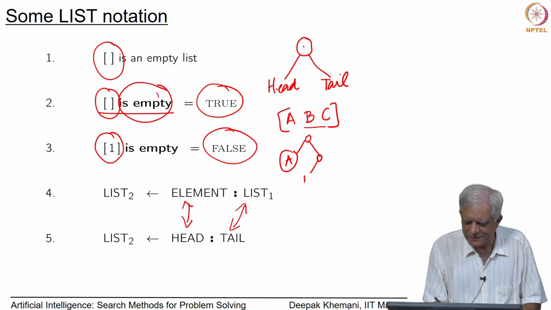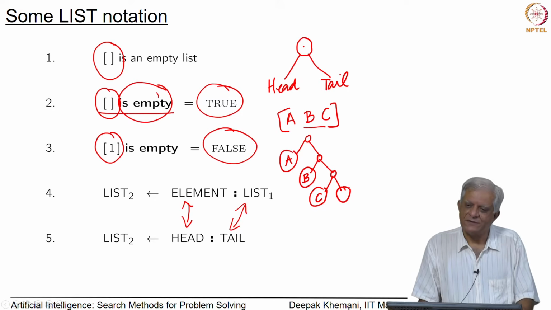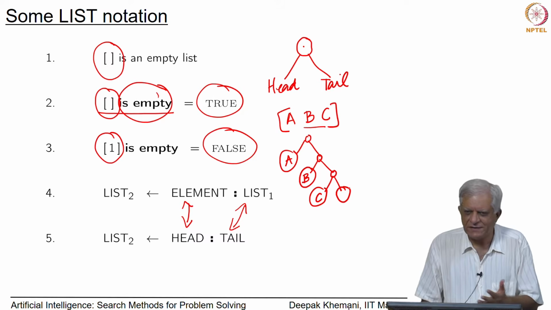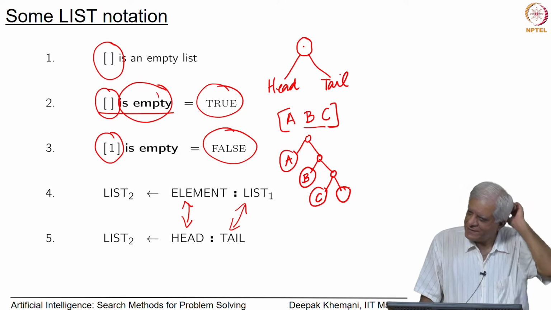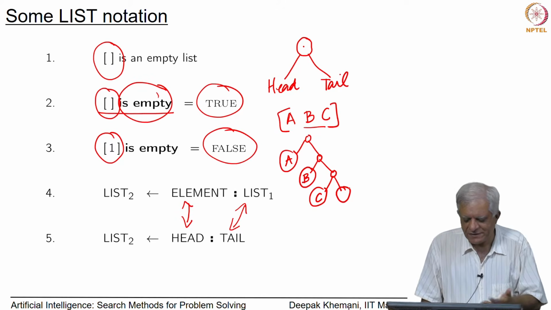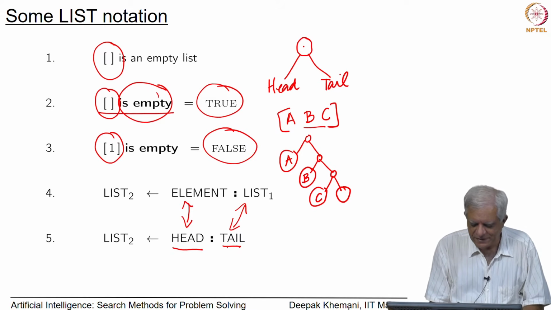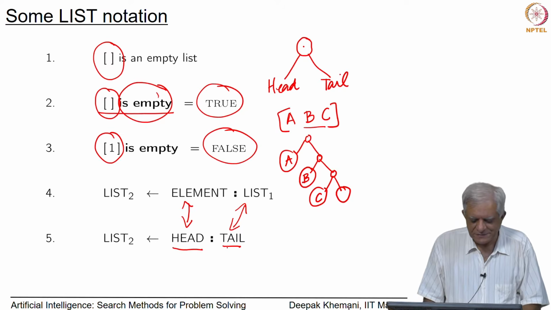This would have the element B followed by another dot product where the first element is C, and in the end I have an empty list or nil list. So, the list A B C is internally represented as a binary tree, and in our notation we will denote it by saying that it is made up of a head and a tail, where the tail is the remaining part of the list essentially.